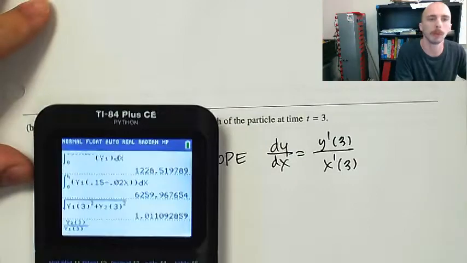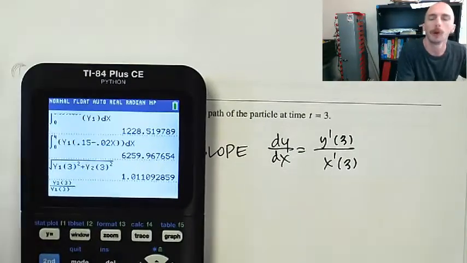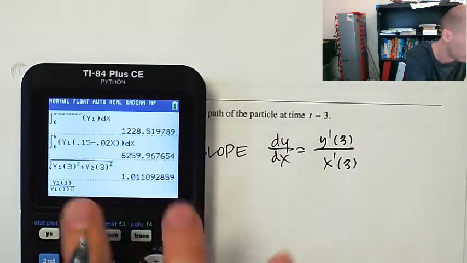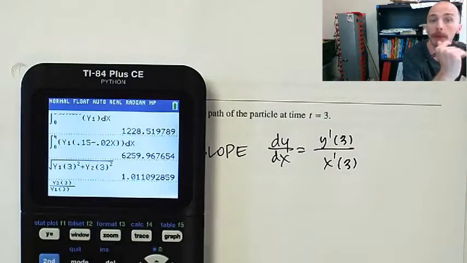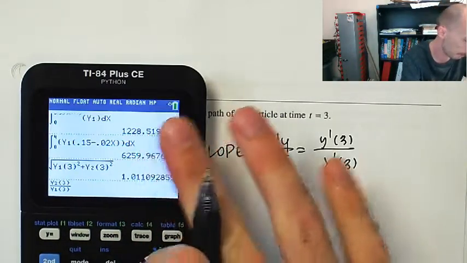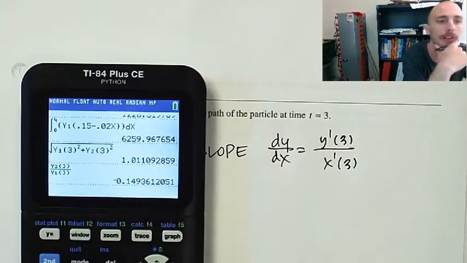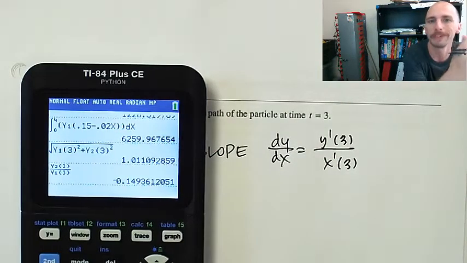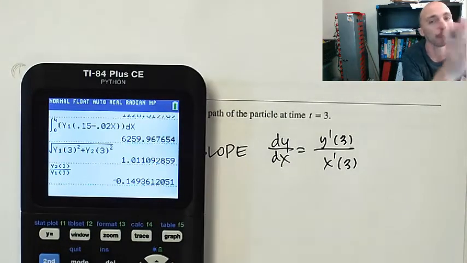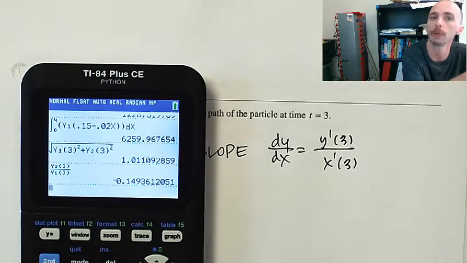A mistake I saw people making when we took a free response practice test was that they were computing these separately and then putting them as a ratio, and they rounded each of the values on top and bottom to 3 decimals. And then it turned out when you actually divided those 3 decimal numbers, you were no longer accurate to the 3rd decimal place. So I just really want to encourage you to be careful about early rounding.